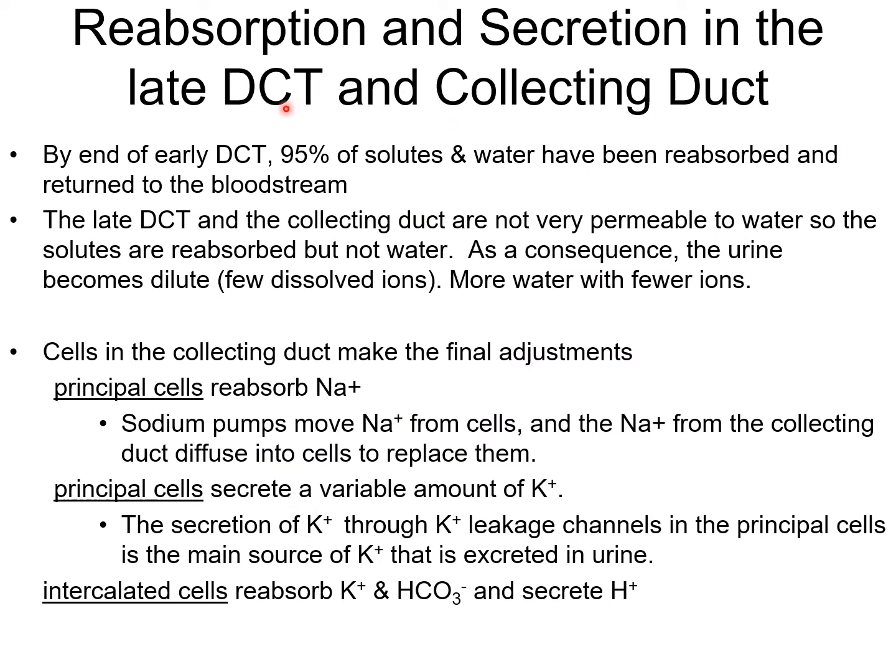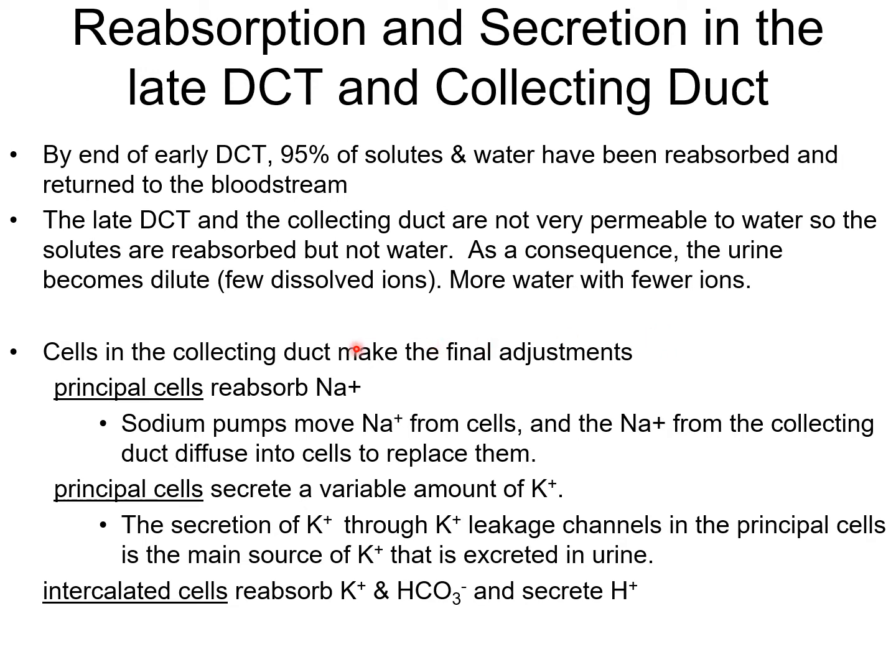In the late distal convoluted tubule and collecting duct, again, water is absorbed very poorly. So as a consequence, the urine is now getting more dilute. Water stays in the urine stream, but ions are being reabsorbed. So more and more dilute urine is the consequence here.